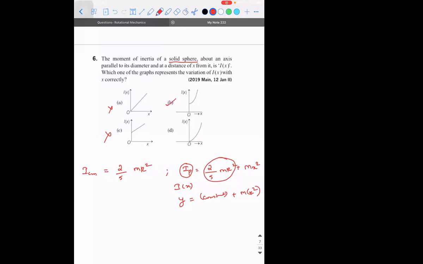Why? Sir, because there's a constant added. Yes. So m x square is basically like this. For example, you have y is equal to x square. This is the graph. If you have y is equal to x square plus 2, then to the basic graph you have to shift it by 2 units in the upward direction. So the answer is D. The difference between the mathematical part and this one is, why didn't we take the left-hand side, guys?